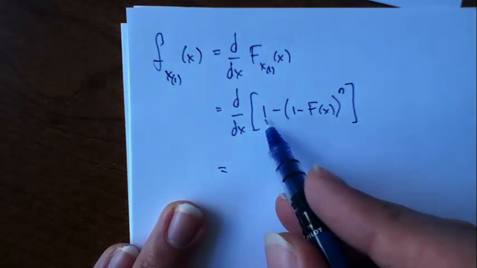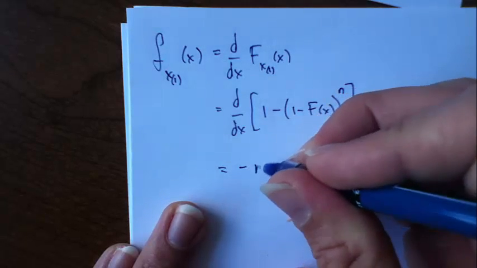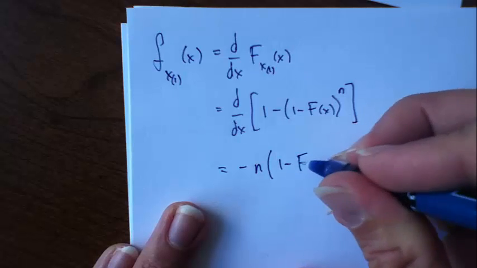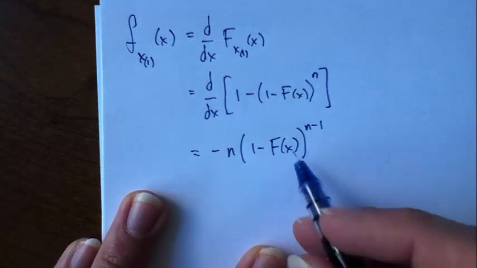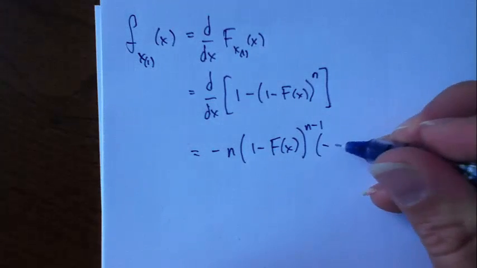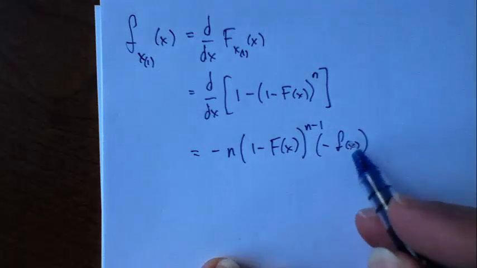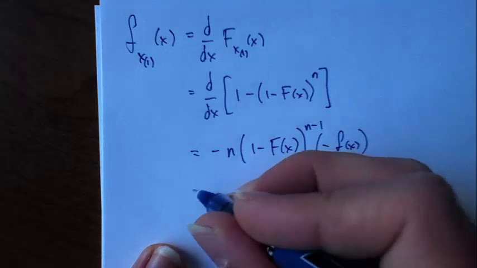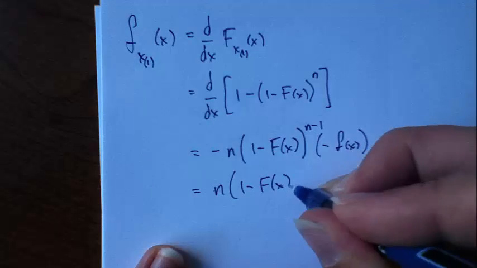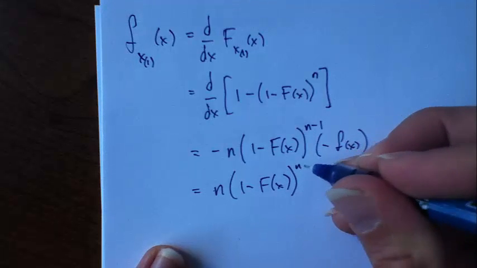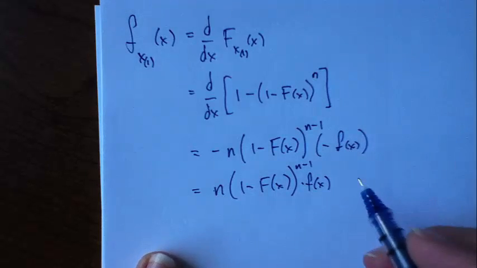Okay, so the derivative of 1 is 0. If I differentiate this stuff, then I get negative n times 1 minus F of x raised to the n minus 1. Now I have to differentiate the inside there. It's going to be negative f of x, little f of x, the common density function. So this is just n times 1 minus the common CDF raised to the n minus 1 times the common density function, right? Good.